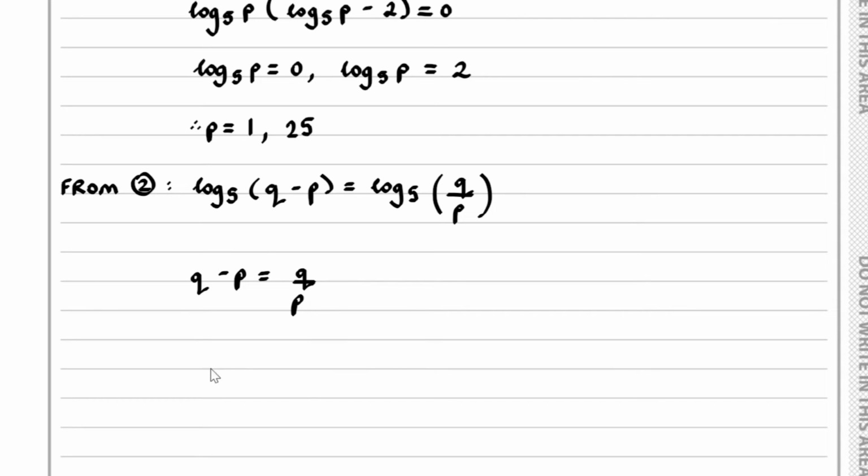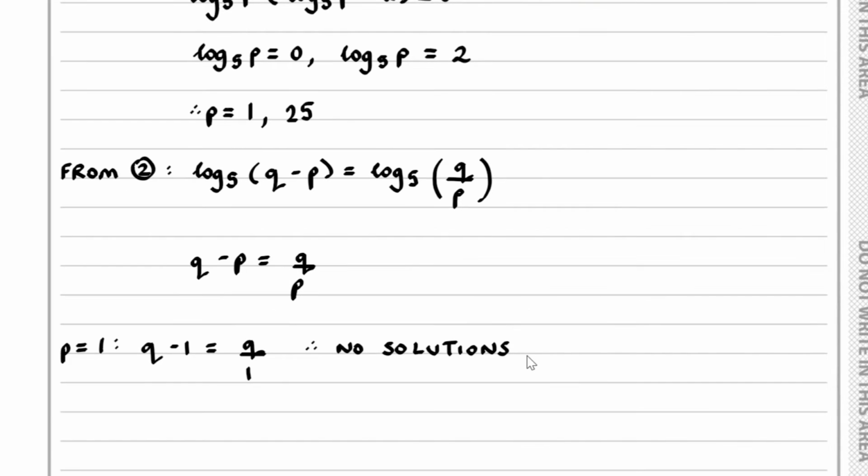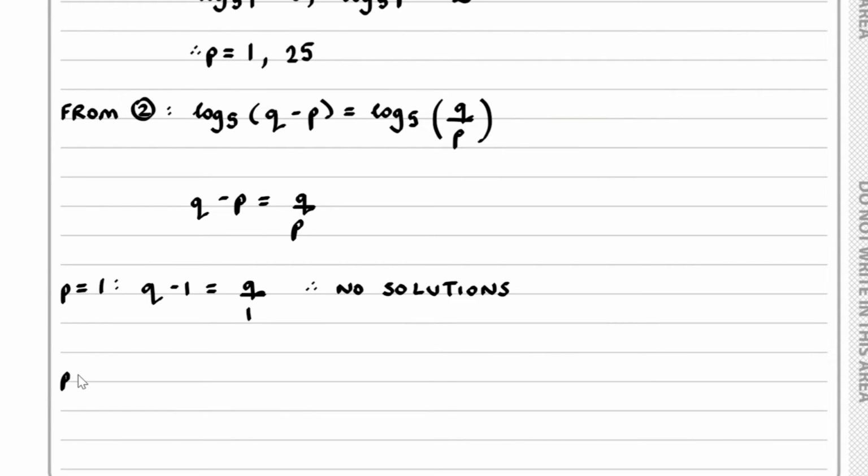And with these values of p, we can find the value of q. So when p equals 1, I've got q minus 1 equals q over 1. Well, here we have no solutions. However, when p equals 25, I've got q minus 25 equals q over 25.